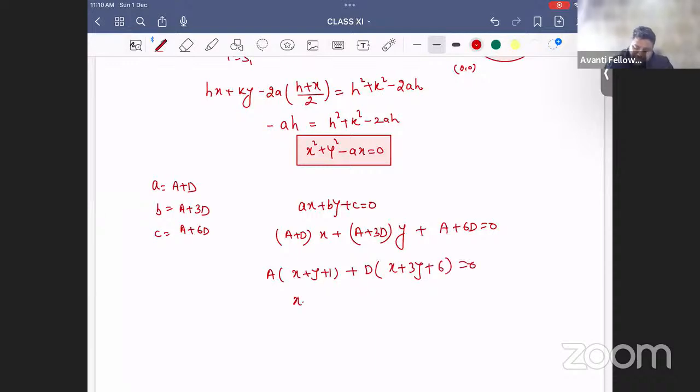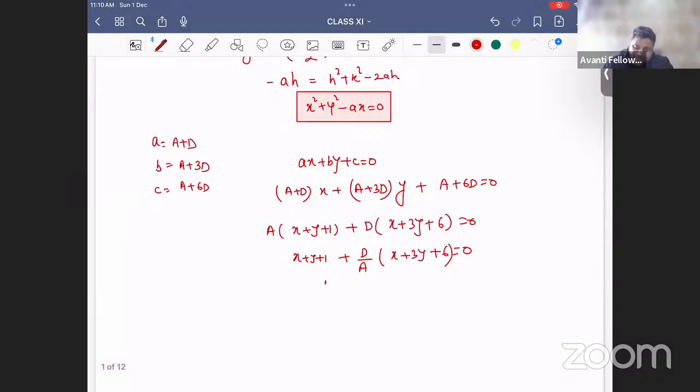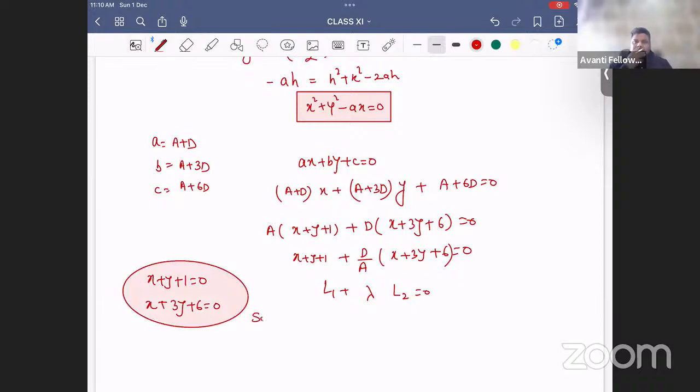So it is (x plus y plus 1) plus d upon A times (x plus 3y plus 6) equal to 0. Now it is of the form of L1 plus lambda L2 equals to 0. So this is the family of line that will definitely pass through the point of intersection of L1 equals to 0, that is x plus y plus 1 equals to 0, and L2 equal to 0, that is x plus 3y plus 6 equal to 0. Now you can solve both of them. Am I clear? So simply you solve it, you get your answer.